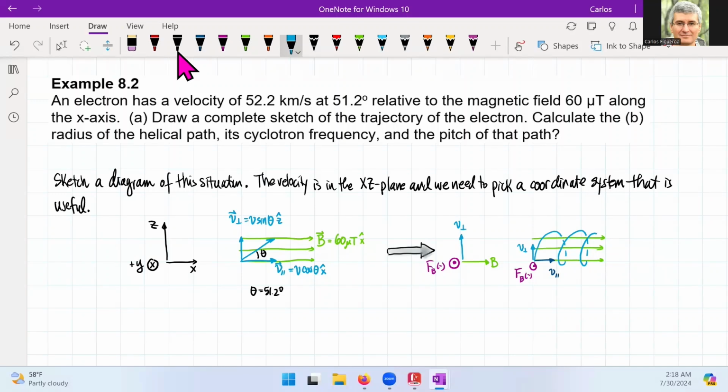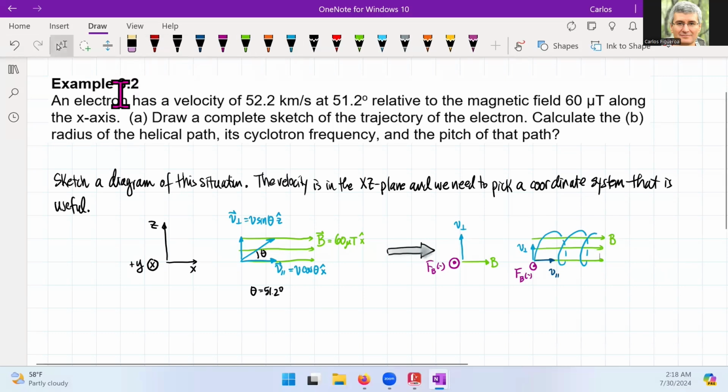What's making it helical is again that perpendicular component. So now that I have the setup, I want to go in and start calculating values.